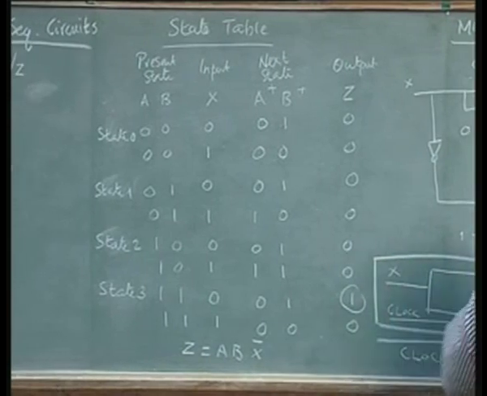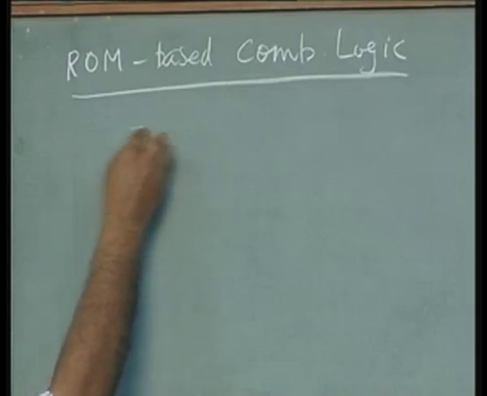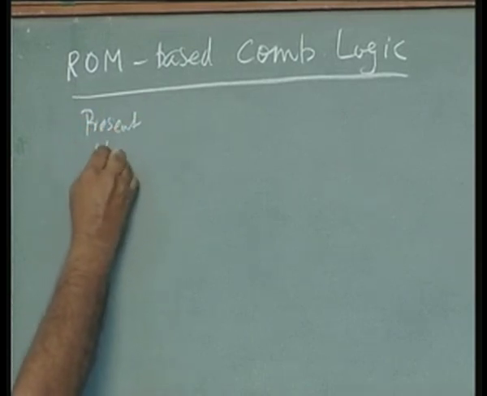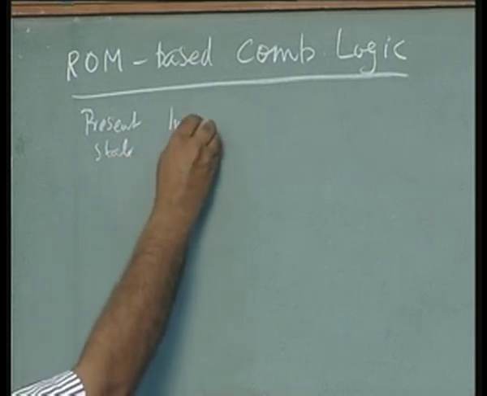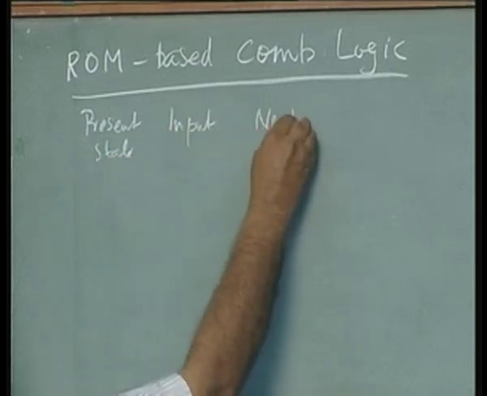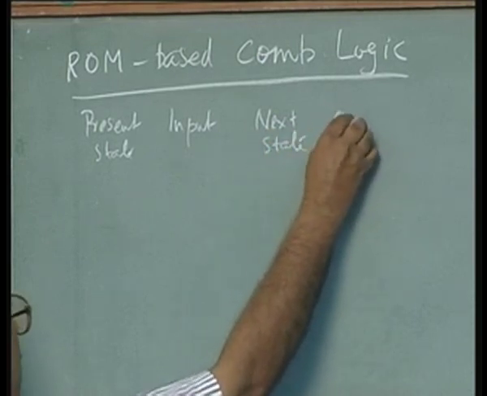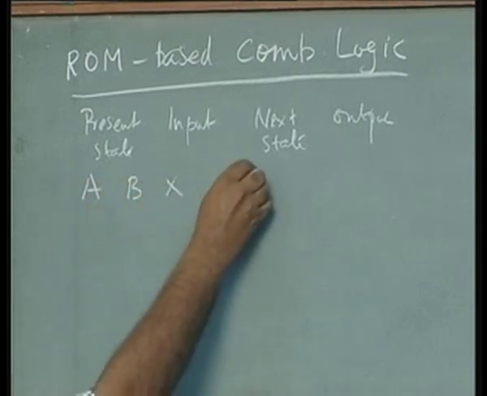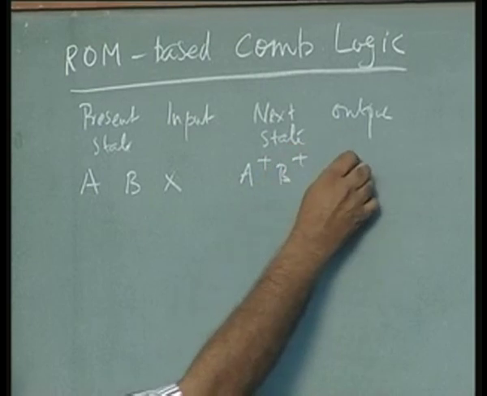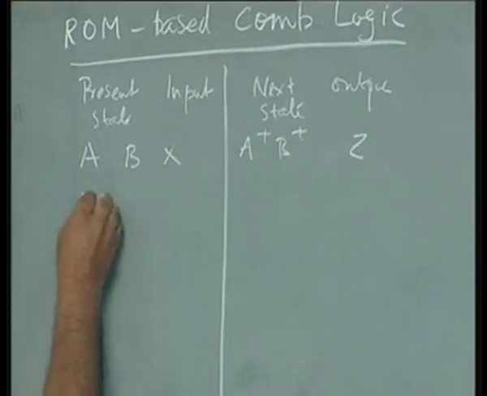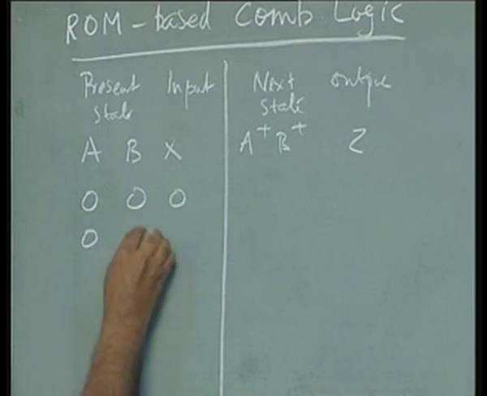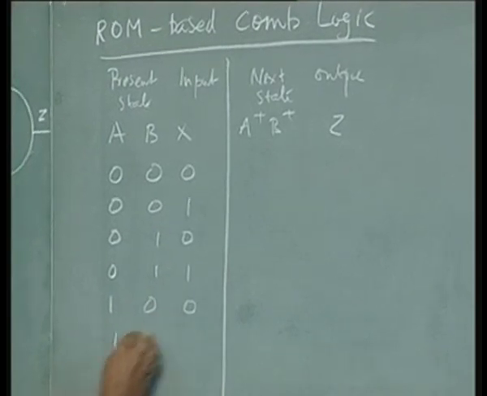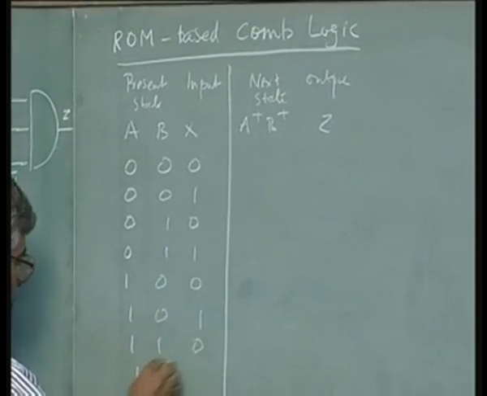So, what I am going to do is to use the same truth table: present state, input, next state, output, the same table where this is A, B, X, A plus, B plus, C. 0 0 0 0 0 1, 0 1 0 0 1 1, 1 0 0 1 0 1, 1 1 0 1 1 1.